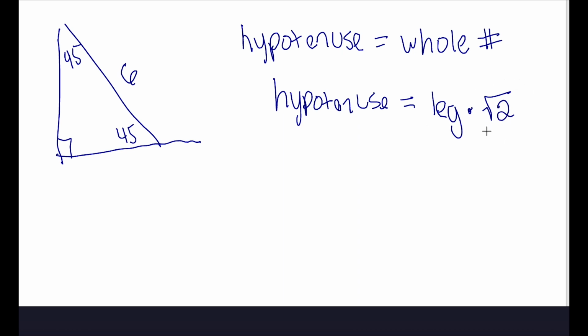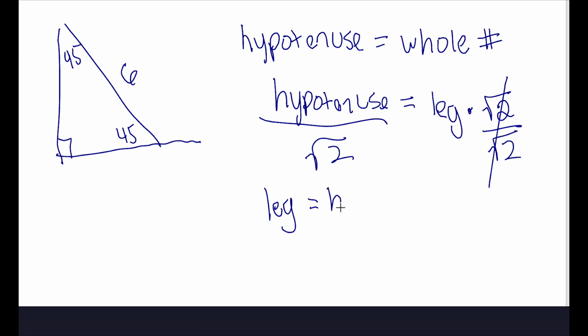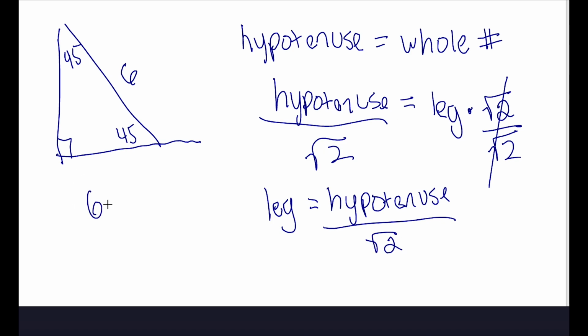So in order to solve for the leg, we're going to divide both sides by the square root of 2. This means we get 6 divided by the square root of 2. So instead of multiplying the leg, we're going backwards and dividing the hypotenuse.